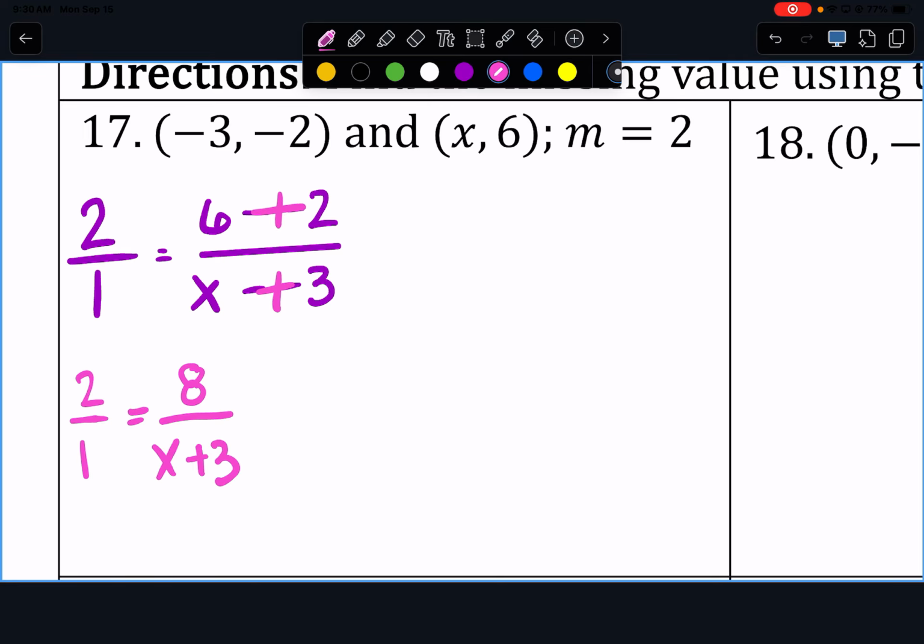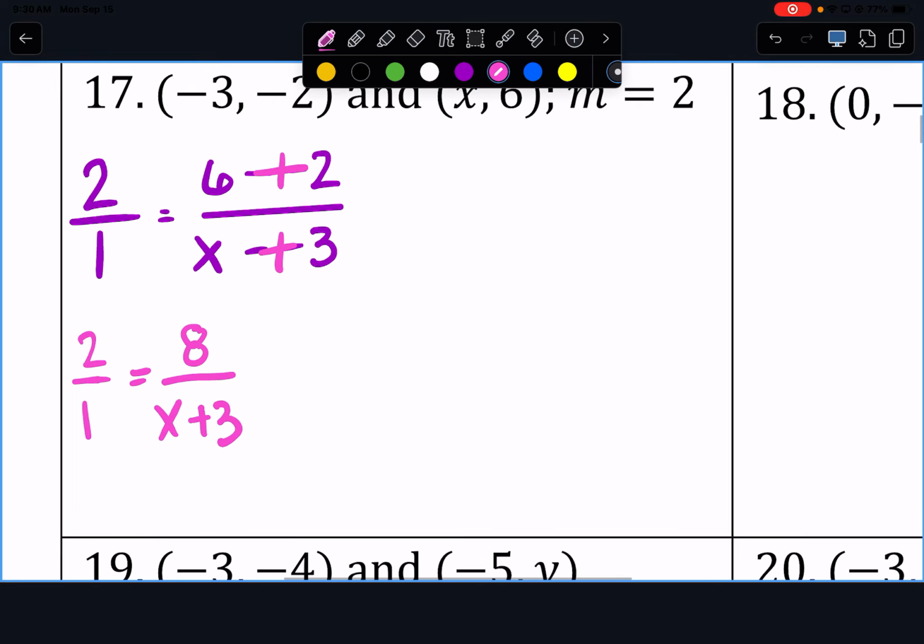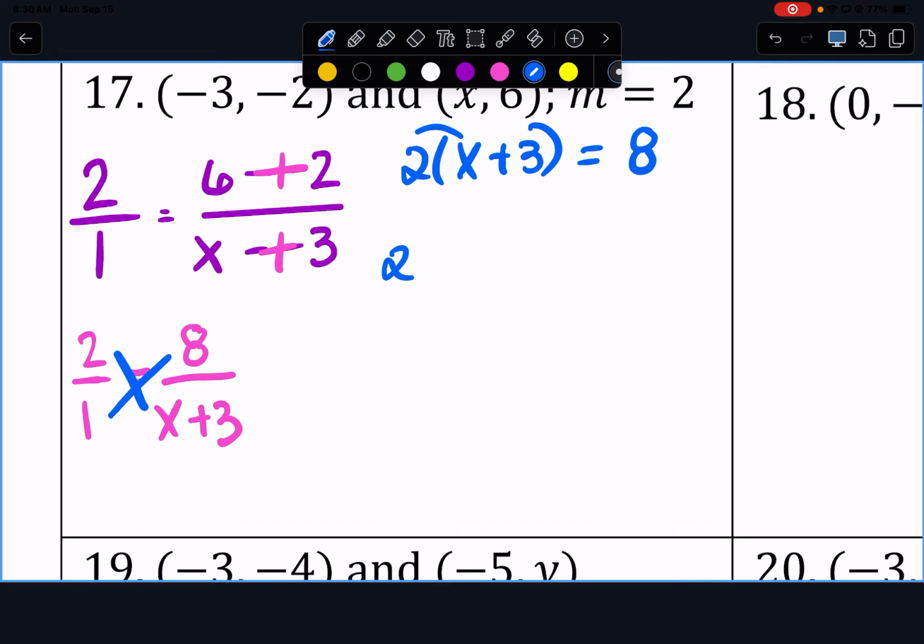X plus 3. Okay, then I have to cross multiply. So I'm going to do 2 times x plus 3 equals 1 times 8. What is 1 times 8? Yep. And how do I solve from here? 2x plus 6 equals 8.